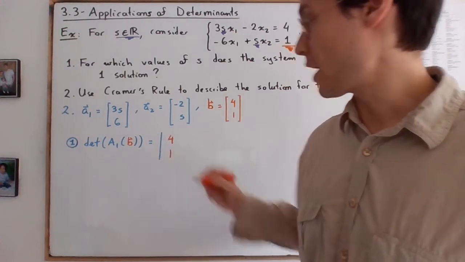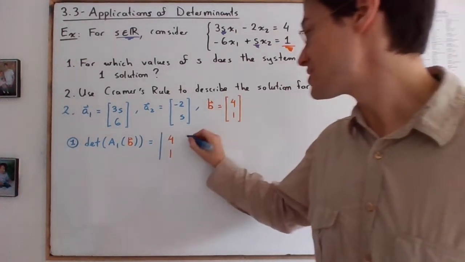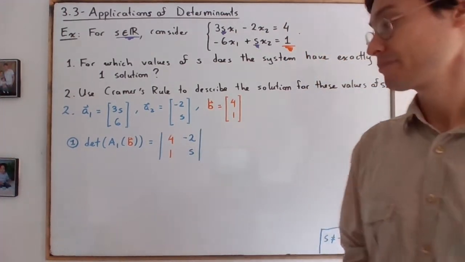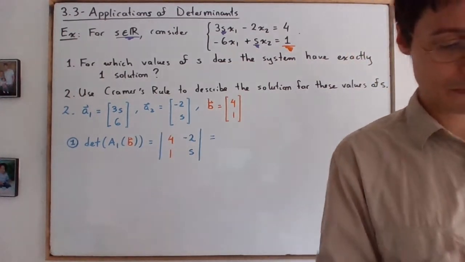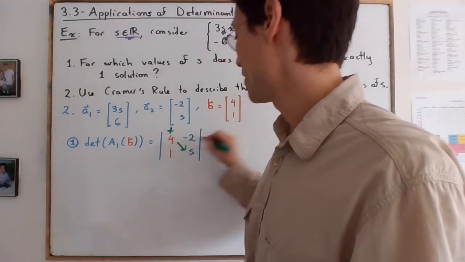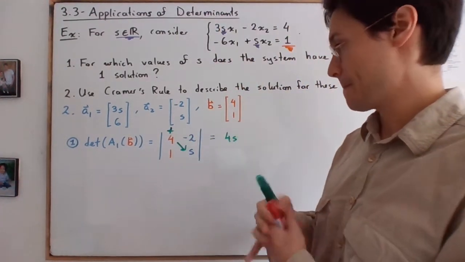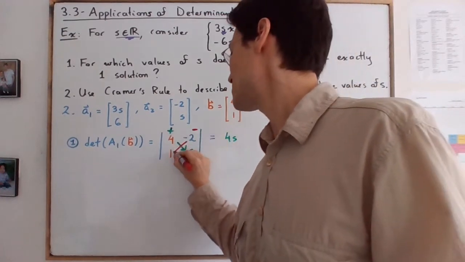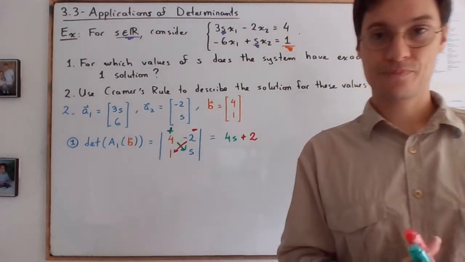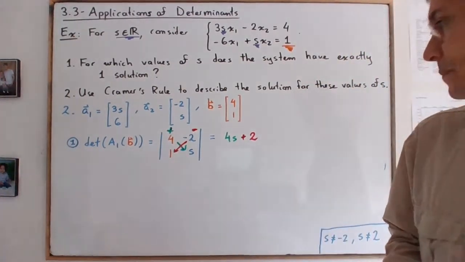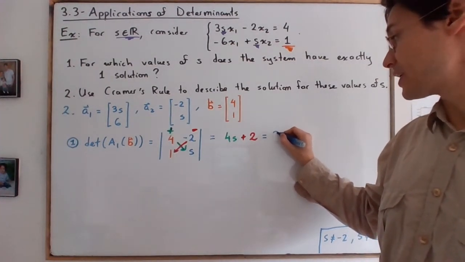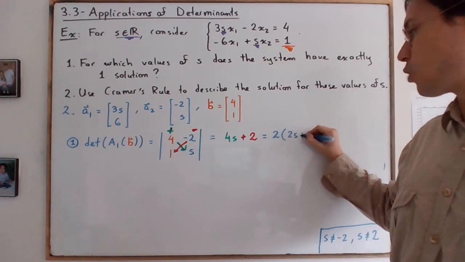So it's 4, 1, and then the second column you leave as is: -2, s. The calculation gives 4s minus (-2)(1), in other words, plus 2. Let's factor this for convenience: twice (2s plus 1).